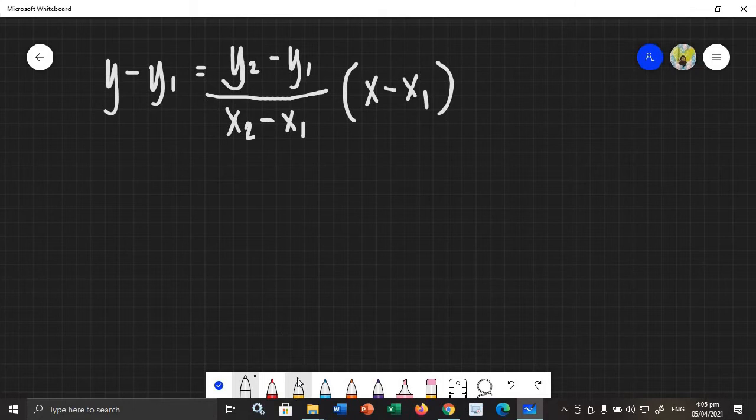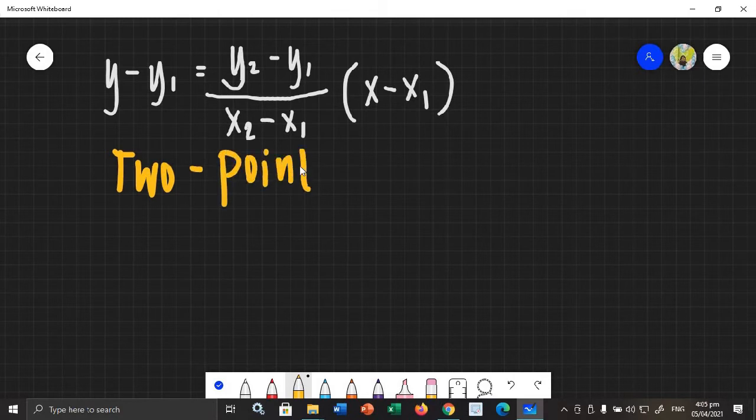This is the equation that we need to use in this lesson. This is what we call the two-point form. And we will use this if the given are 2 ordered pairs or 2 points, okay? For us to be able to find the equation of the line.